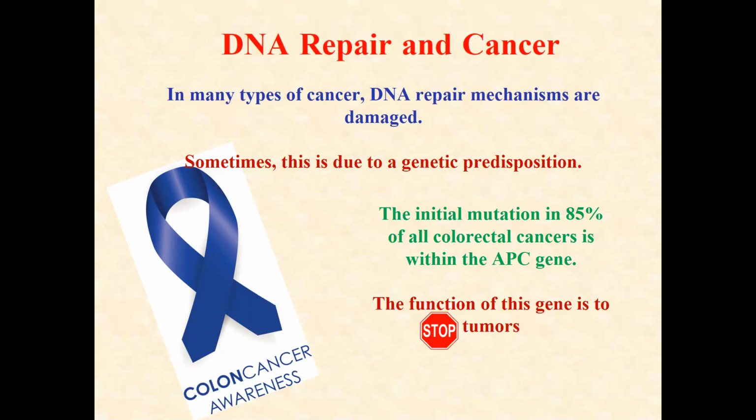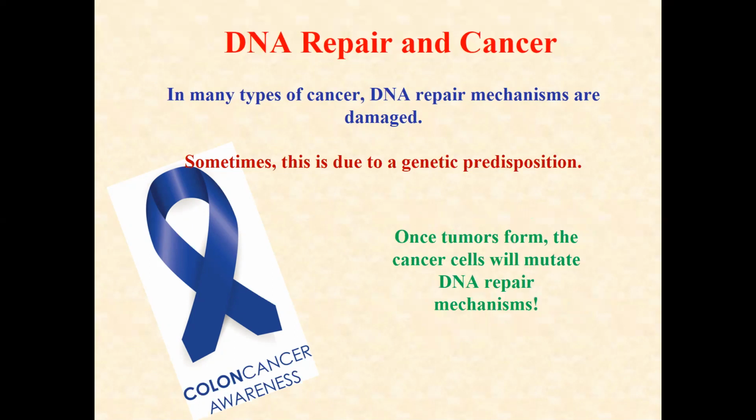The APC gene plays a role in stopping tumor progression. So if you have a mutation in this gene, what do you think happens? The mutated gene is no longer able to effectively stop tumor growth. Therefore, cancerous tumors are able to grow unchecked.